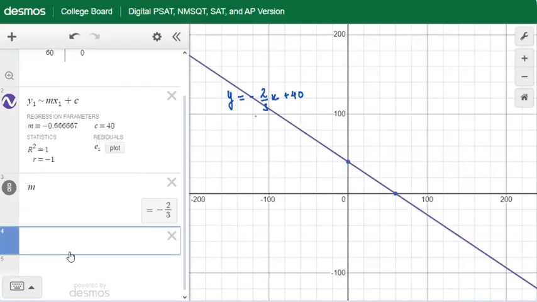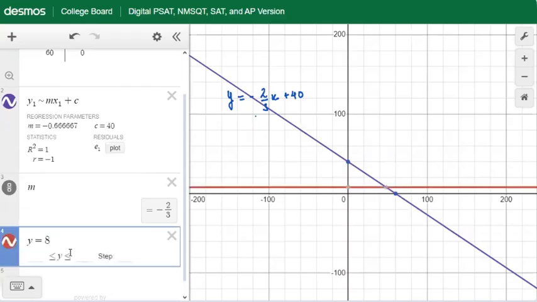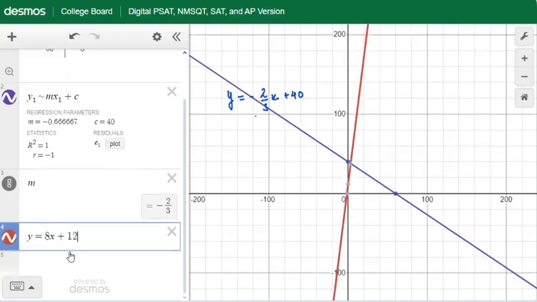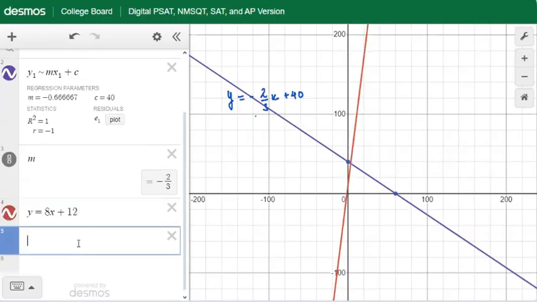So I'm putting the very first line that is saying that y is equivalent to 8x plus 12. See, this line is not overlapping. Then I'm moving further. It is saying that 8x plus 12y is equivalent to 480.